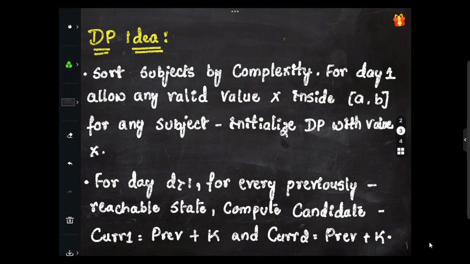The second point is for the day greater than 1. For day 1 we have already considered that we can allow any valid value x inside the a comma b range, so for any subject we initialize the DP with the value x. For day greater than 1, for every previously reachable state, we have to compute the candidates: current 1 will be previous plus k and current 2 will be previous into k.